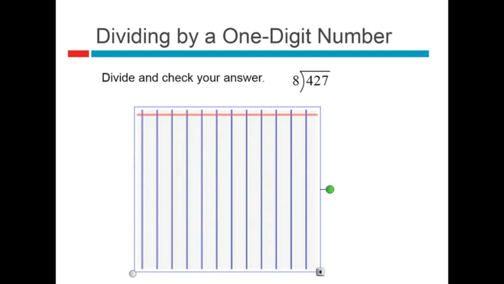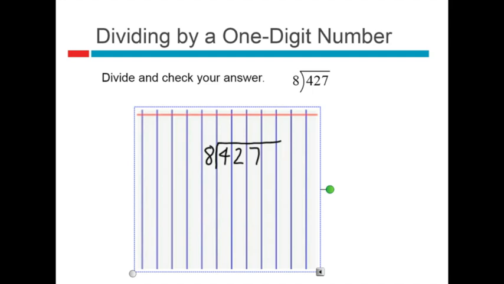And I'm going to rewrite the problem. In this case, I have 427 divided by 8. 427 is the dividend, and 8 is the divisor. Notice that the 4 gets its own column, the 2 gets its own column, the 7 gets its own column.